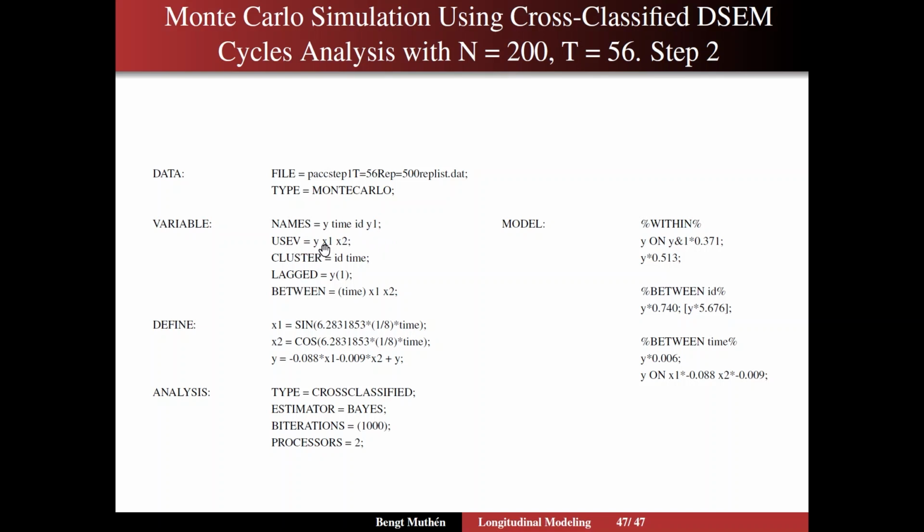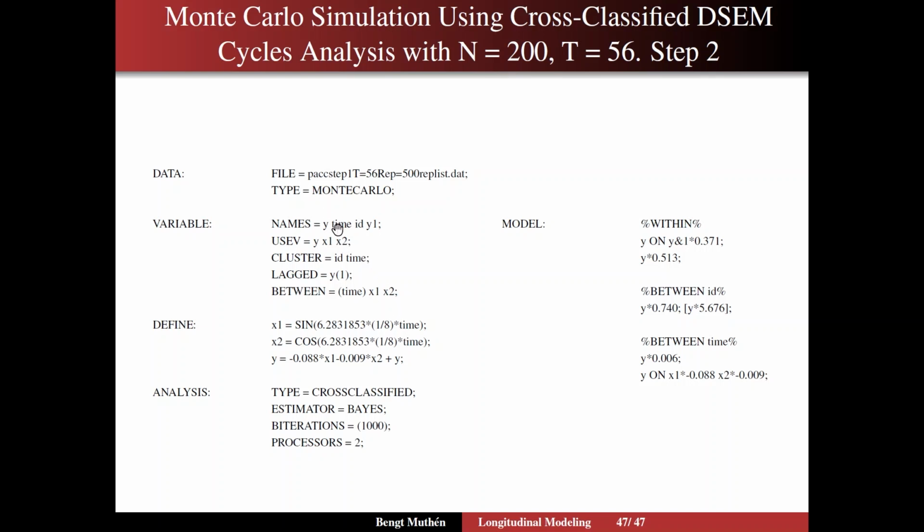So we have use variables y, x1 and x2, where x1 and x2 are created here, and we have two cluster variables, ID and time, and the between statement says that x1 and x2 are variables on the between time variable, and we generate x1 and x2 with that time variable.